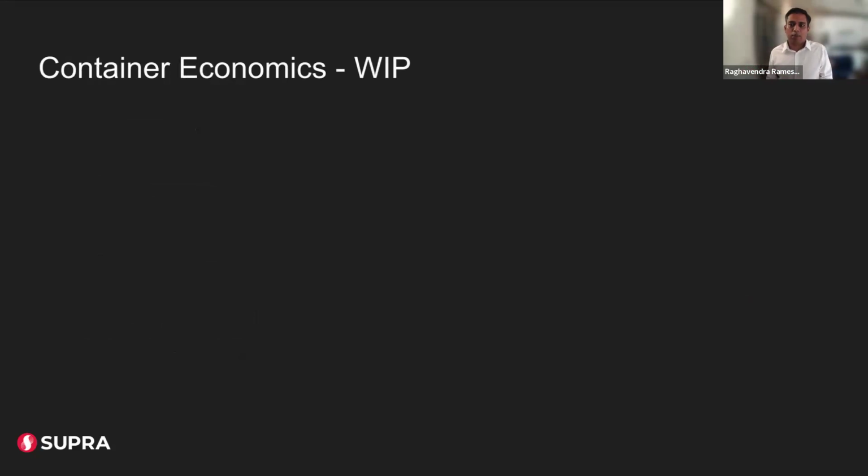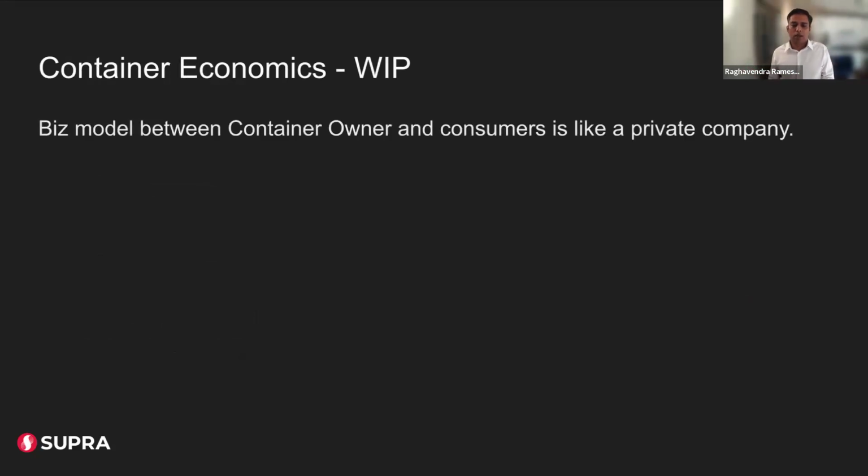So another part that I would want to lead into is to show the analogy that the business model between a container owner and, for now, think of a container as an app chain or an app chain equivalent. A container owner or an app chain owner and consumers is like a private company, right?